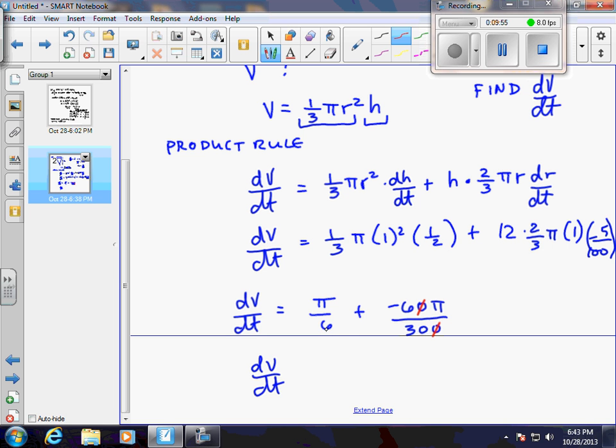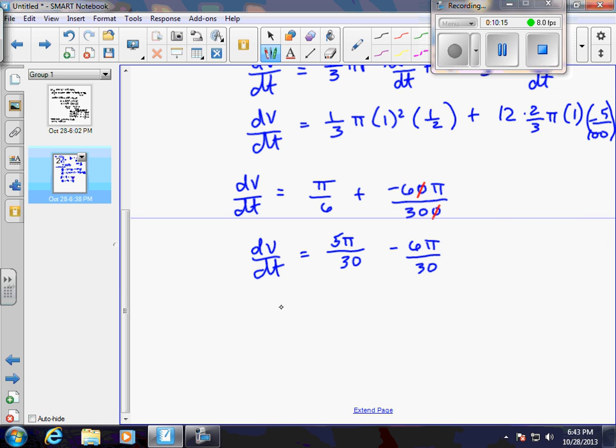So I want to change this 6 to a 30. 6 goes into 30 five times, so that would be 5 pi. And this is negative 6 pi over 30. So the volume, or dV/dt, is negative 1 pi over 30.